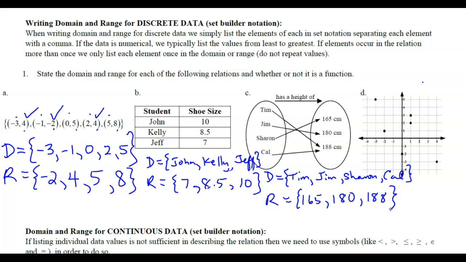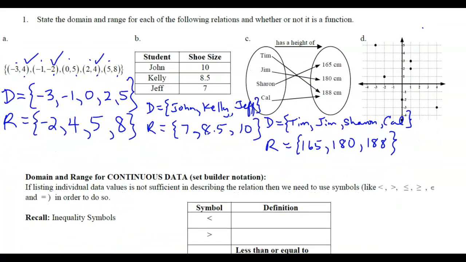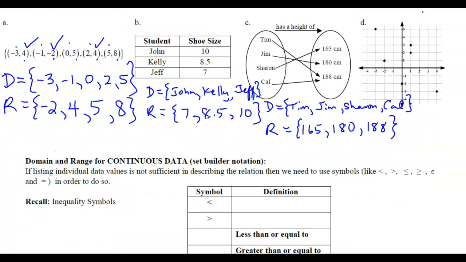Okay. And then a graph here, again, this is discrete data because it's just points. So I'm going to look from left to right. And the first point on the left has an x value of -3. The next point, an x value of -2.